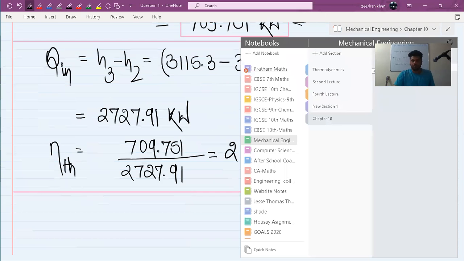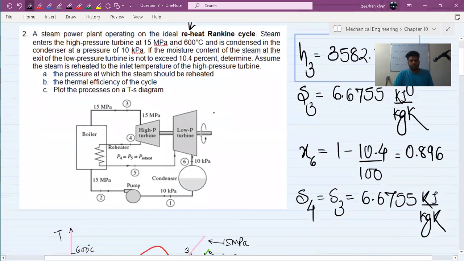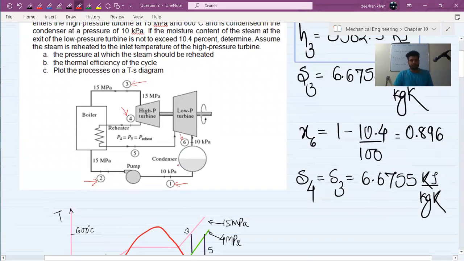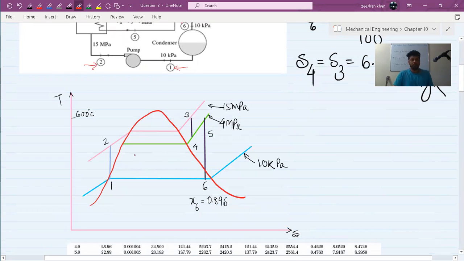Now I'm going to take you to another problem, which is of an ideal reheat Rankine cycle. Here we're going to follow the same thing. The enthalpies at all these states is what we are going to focus on, and also we are going to look into the TS diagram.